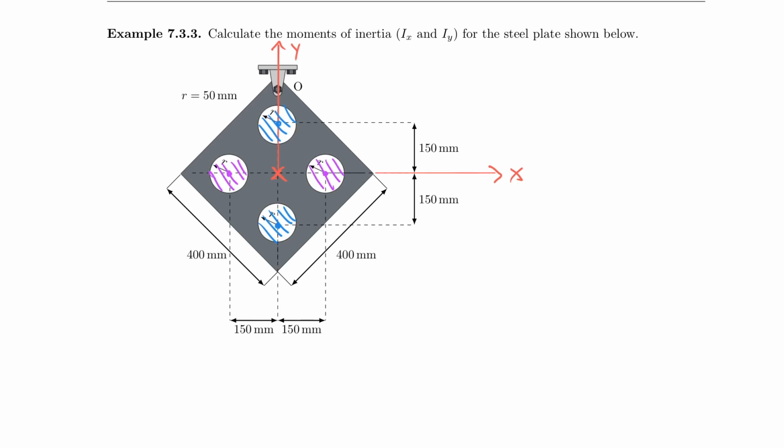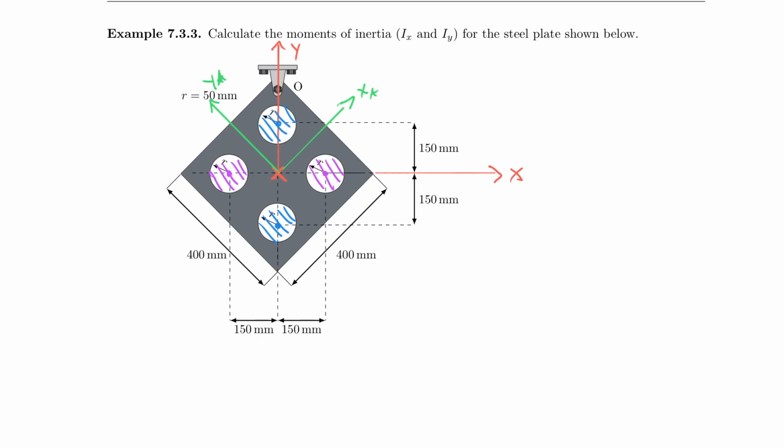Another thing you can do with this problem, and I encourage you to do that, is also to calculate the moment of inertia about these axes, right? So you can do it for horizontal. So I'm going to call this here XA and this here YA.